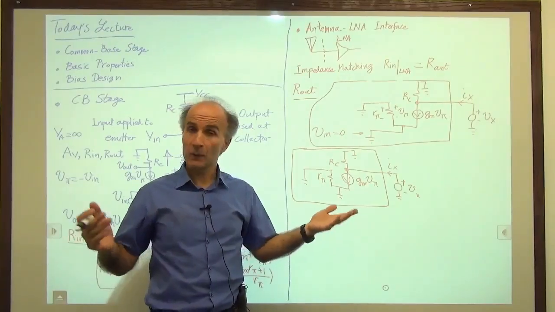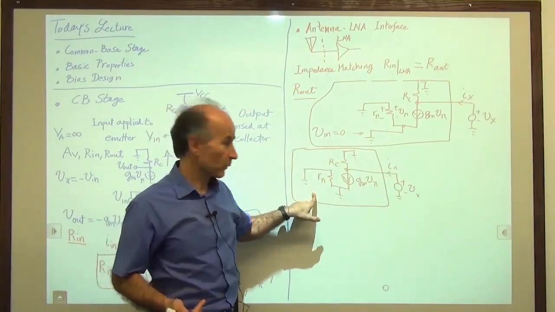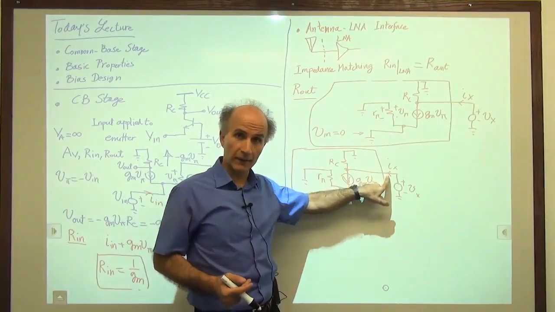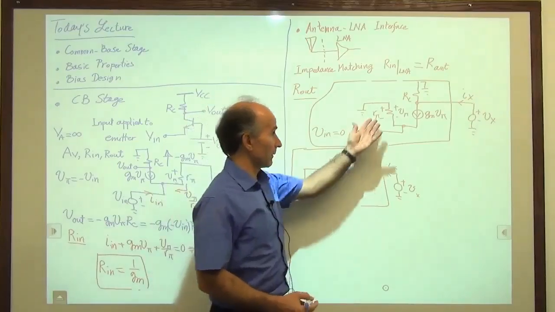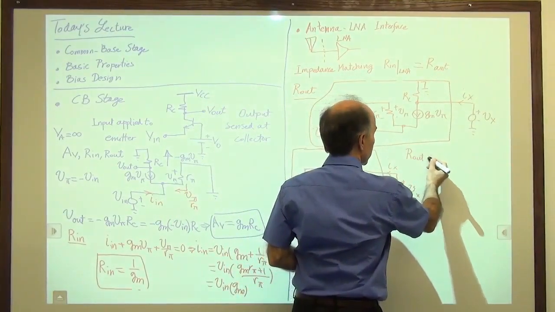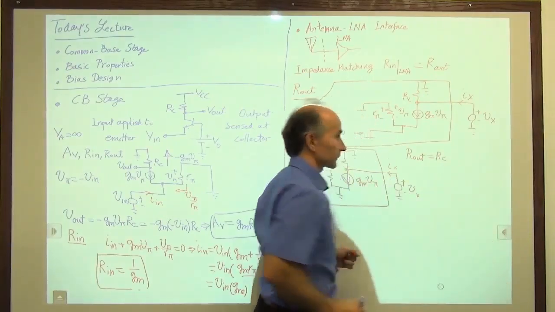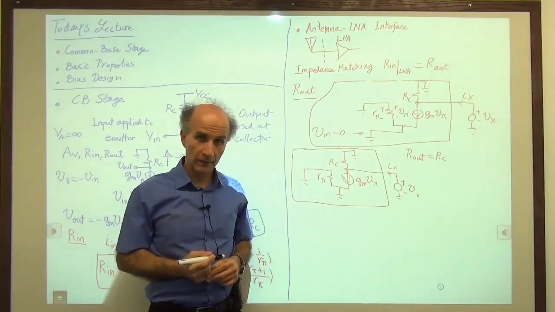We don't know because we set it to 0. That's why these two circuits look identical. That's why the output impedance of this circuit and the output impedance of this circuit are identical. So for the common base stage, we also have R out equals RC. So we don't need to do any extra calculations.